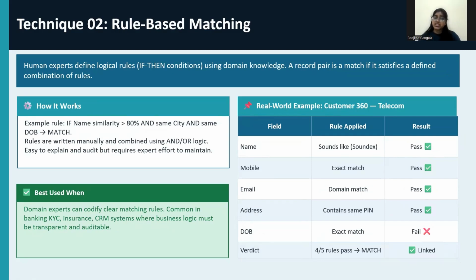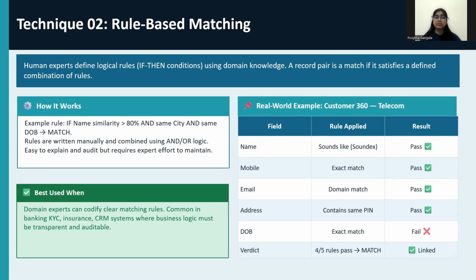Even if one condition fails, other conditions can still help in deciding. This method is easy to understand and explain. However, it requires experts to create and maintain rules, and as the number of rules increases, it becomes difficult to manage. So this method works well when clear rules can be defined.